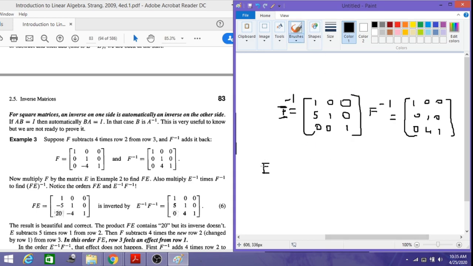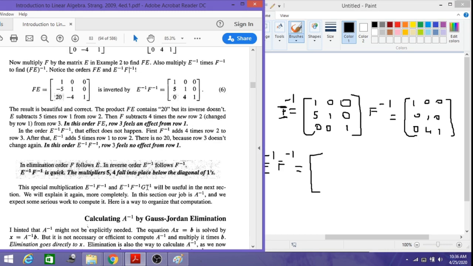If we find E inverse into F inverse, do we get the same thing? Not the same thing; it is the inverse we are trying to find.